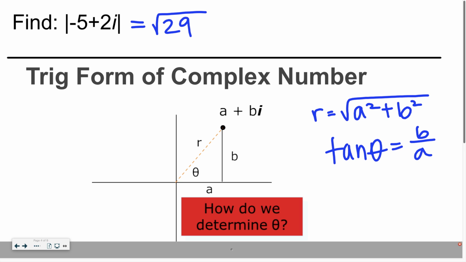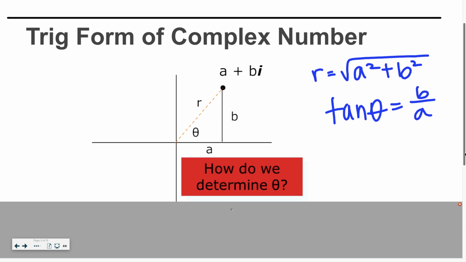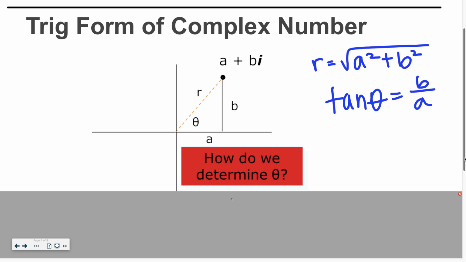Does that look familiar? It's just like working with a vector, except we don't have a vector, we have a number in the complex plane.